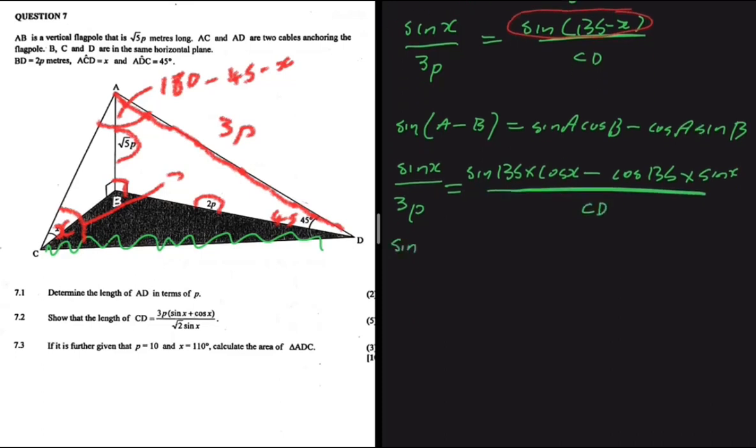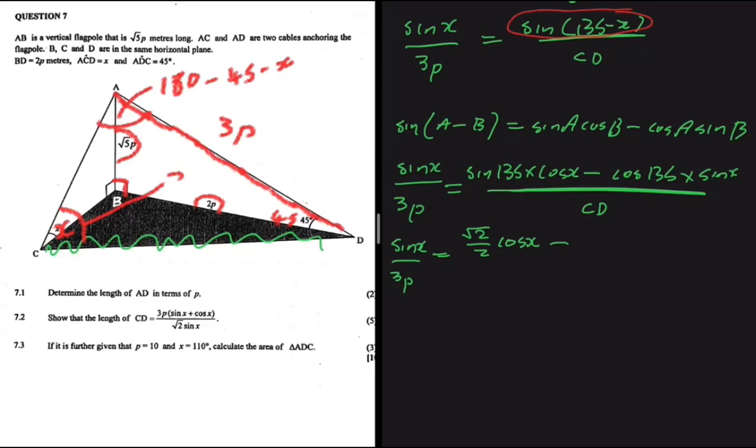So sine of x divided by 3p will be equals to sine of 135. Sine of 135 is square root of 2 divided by 2, and then multiply by cos of x, right? We don't know x, so we cannot do anything to that. And then minus cos of 135. Cos of 135 is minus square root of 2 divided by 2.